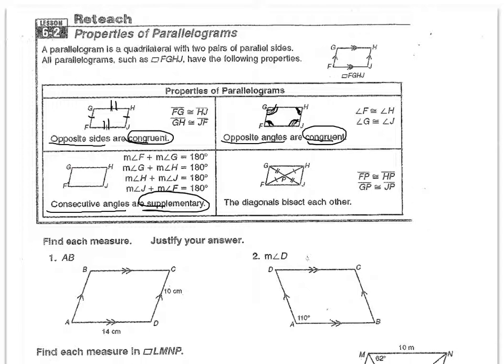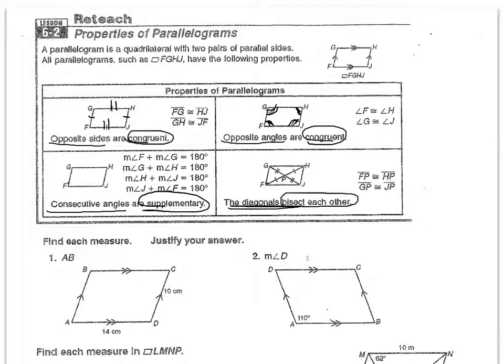And the last property that we need to know is diagonals. Diagonals, as we learned in 6.1, are from non-consecutive vertices, like from F to H, they're vertices that are not right next to each other. So diagonals bisect each other. What does it mean by bisecting each other? Cutting in half, right?